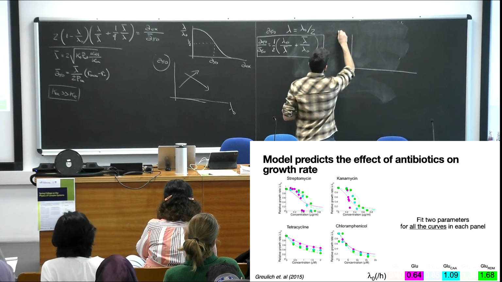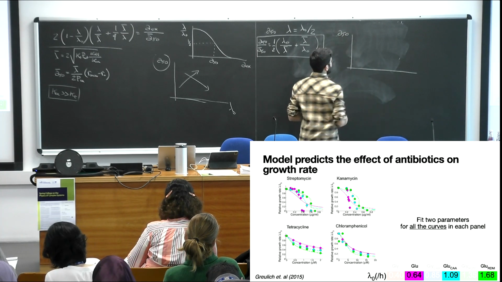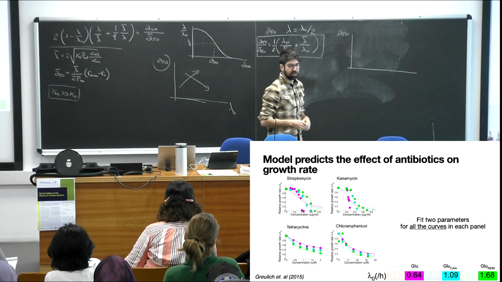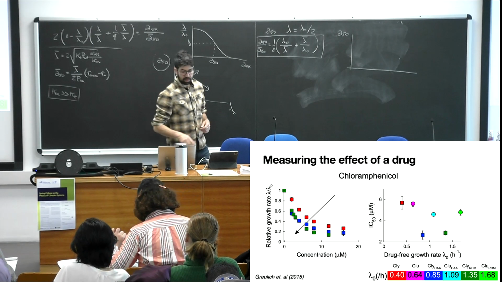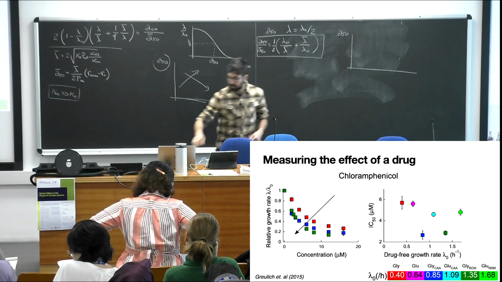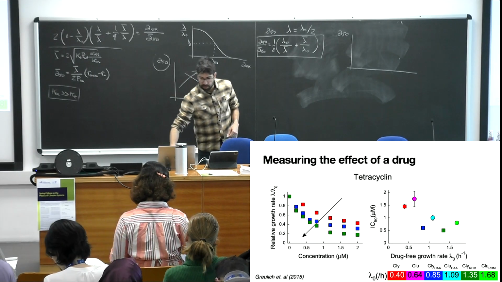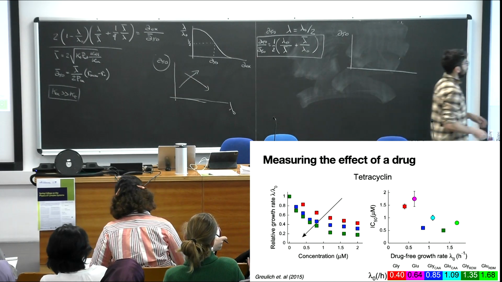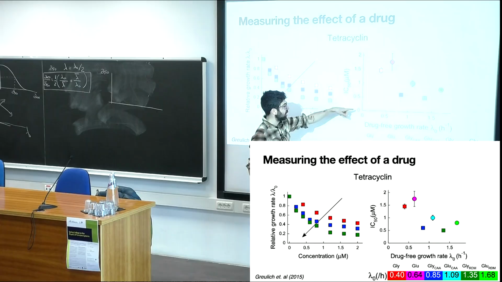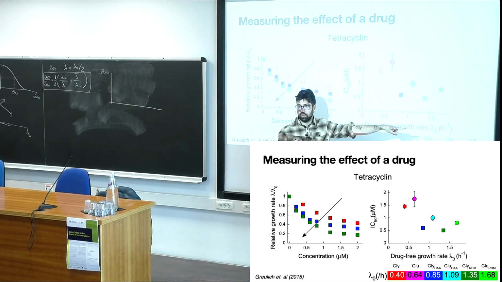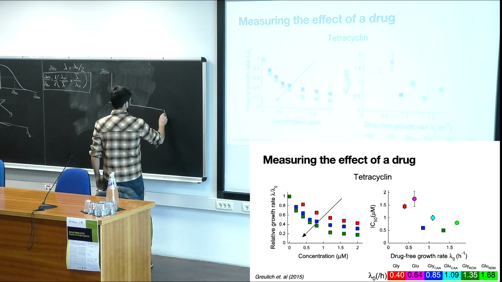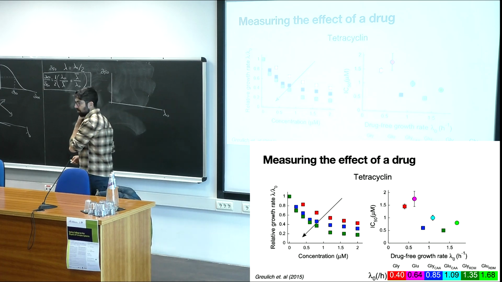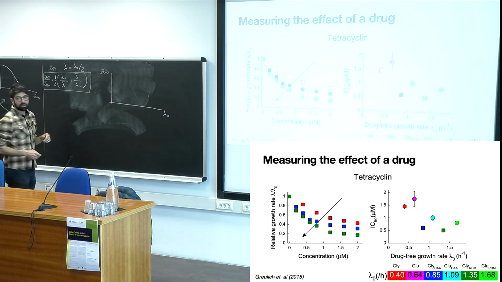If you plot this function, so this inhibitory concentration, which is what we were looking at here... this is not nice, let's look at another one. Basically we are plotting this quantity as a function of the nutrient, the growth rate in absence of the drug. So A50 as a function of lambda naught, and this is our prediction.